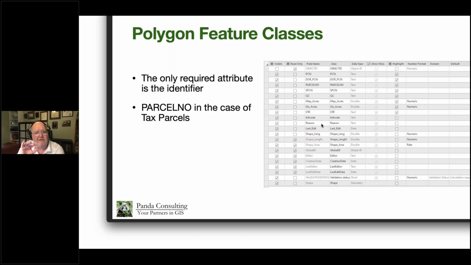Not a whole lot of things that we can add here. As long as you have an identifier and as long as you have at least one attribute field for the acreage, which is required from the DOR, I think you're fine. The others are all for internal use.